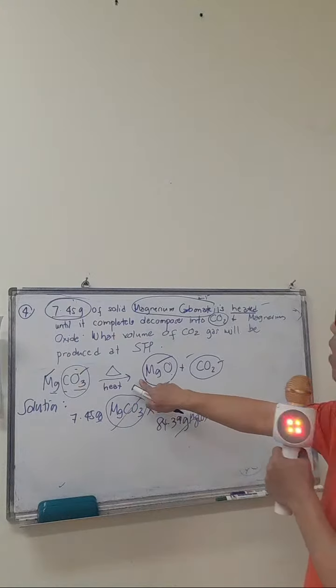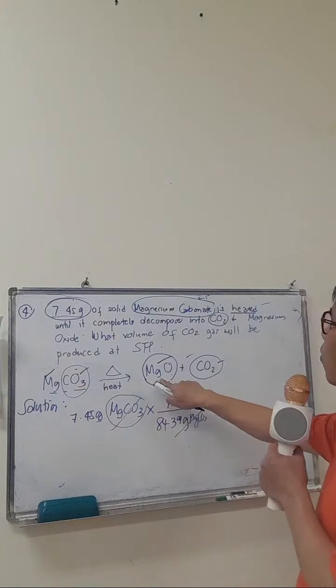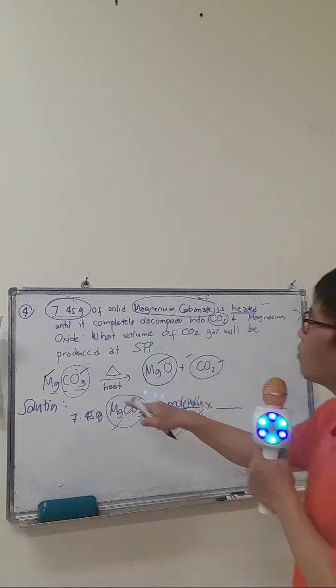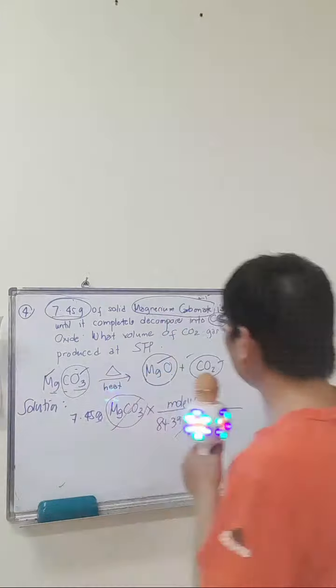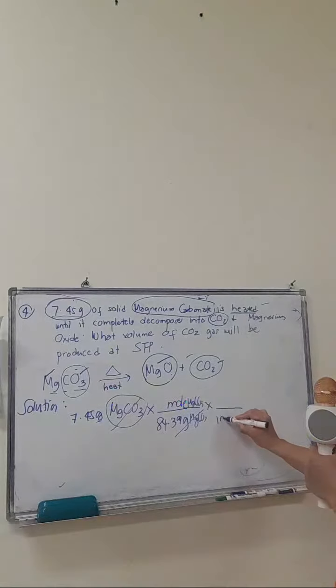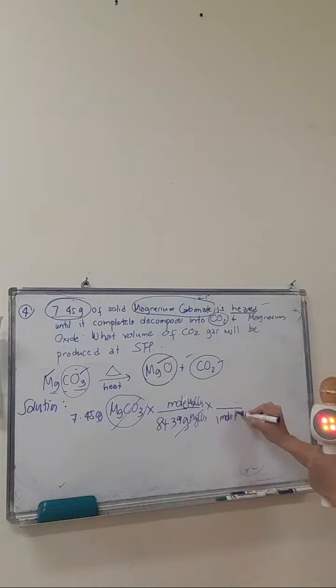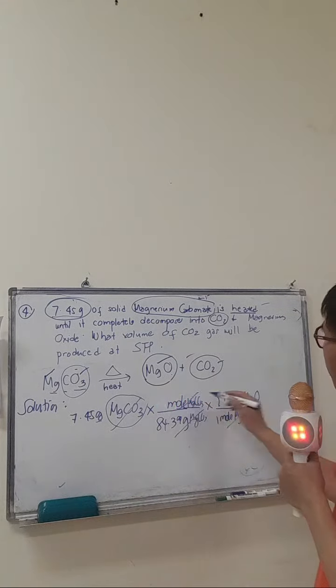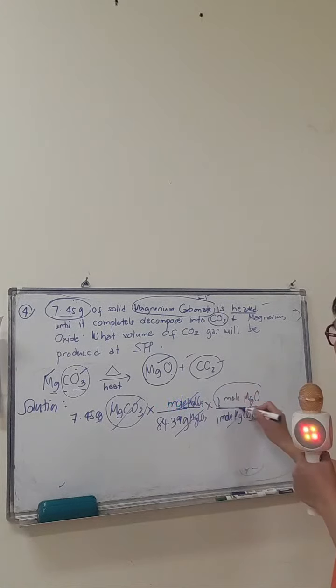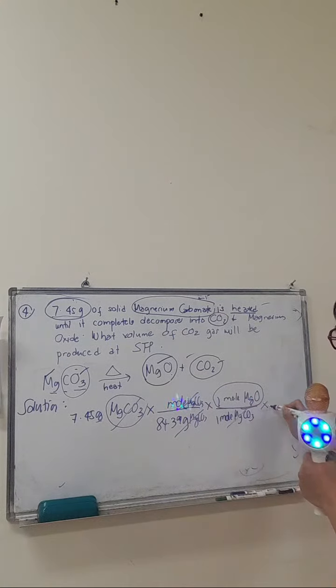We have only one molecule of magnesium oxide and also one molecule of magnesium carbonate. So you will say 1 mole of magnesium carbonate is equal to 1 mole of magnesium oxide. Then cancel the moles of magnesium carbonate. What will be left is 1 mole of magnesium oxide.